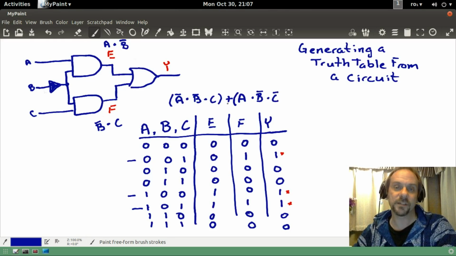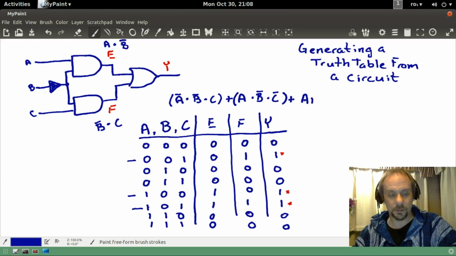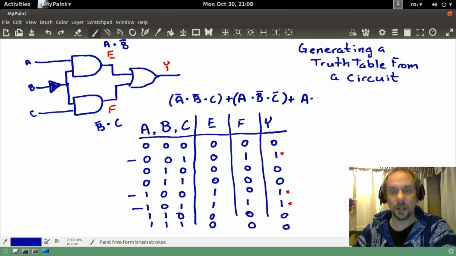Note that I'm putting this in the form of a sum of product, an SOP form, which is our max term form. And our final line, A is high, B is low, and C is high.